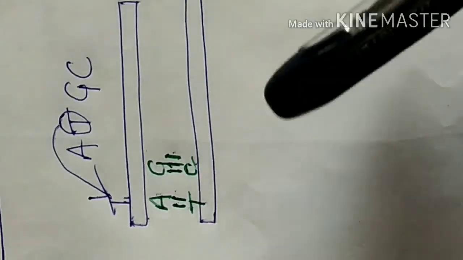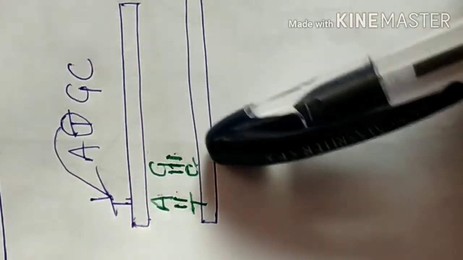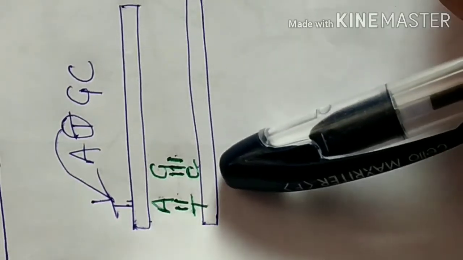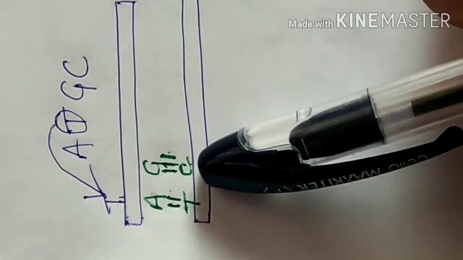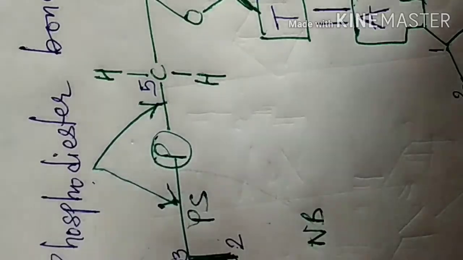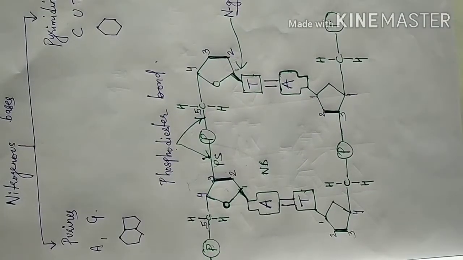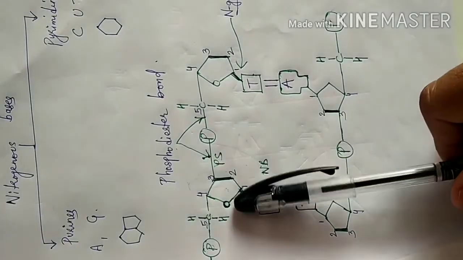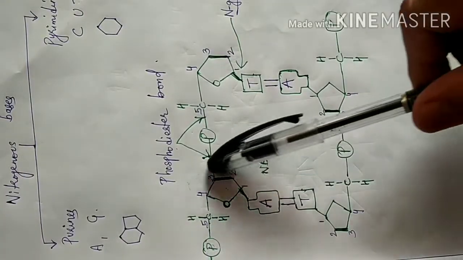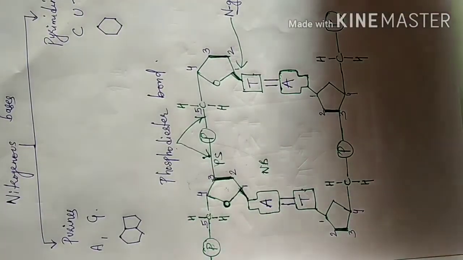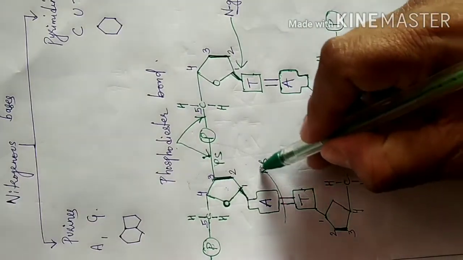So now, I'm taking this to the level of the molecule. Let us go back to the structure that we discussed previously. So this structure that we discussed, we started from here. So this is one nucleotide, okay, one nucleotide. I'll just circle one nucleotide.